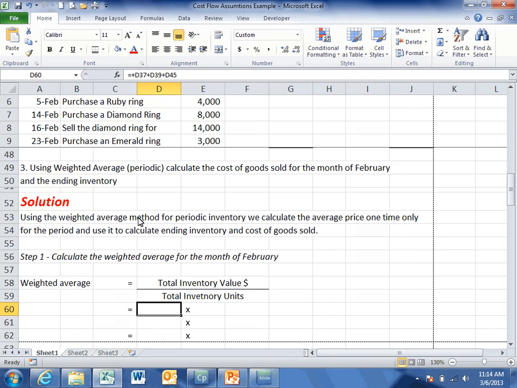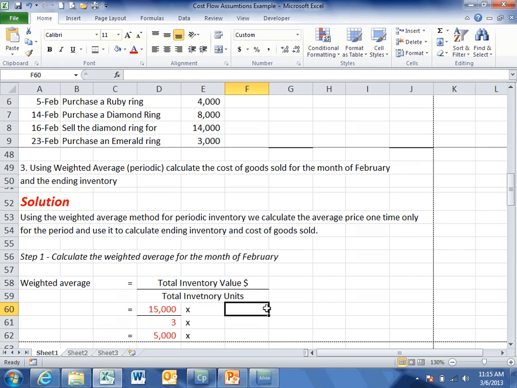If you add those 3 purchases up, we have a total inventory value of $15,000. We're going to divide that by the total number of inventory units. There are 1, 2, 3 separate rings in inventory, so 15,000 divided by 3 units means that the average cost of the rings in this jeweler's inventory is $5,000.